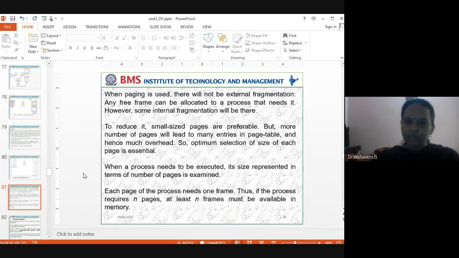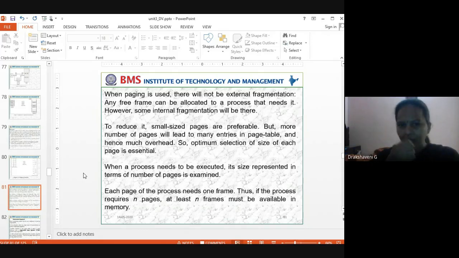When paging is used, there will not be external fragmentation. What is external fragmentation? External fragmentation means memory is free here, here and here, but I cannot use it completely. That is ruled out in paging.